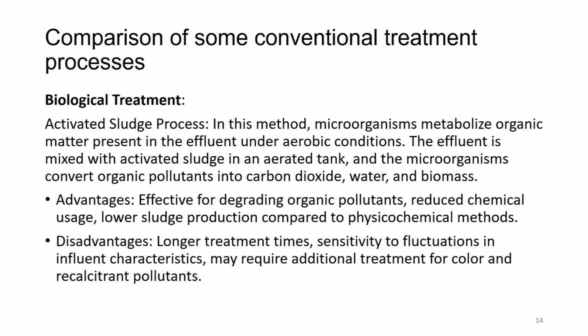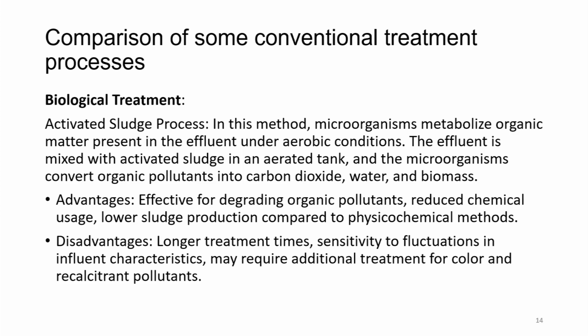Biological treatment. What are the advantages and what are the disadvantages? Activated sludge process. In this method, microorganisms metabolize organic matter present in the effluent under aerobic condition. The effluent is mixed with activated sludge in an aerated tank and the microorganisms convert organic pollutants into carbon dioxide, water and biomass.